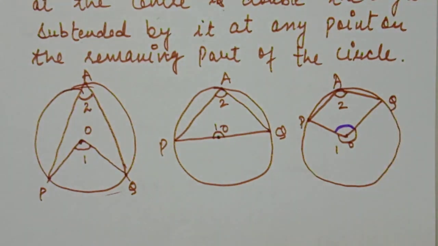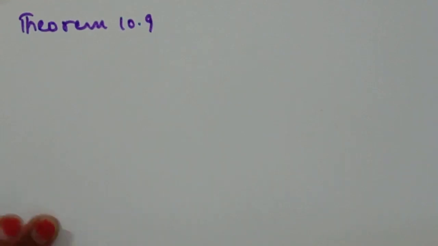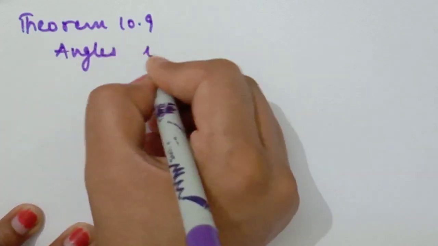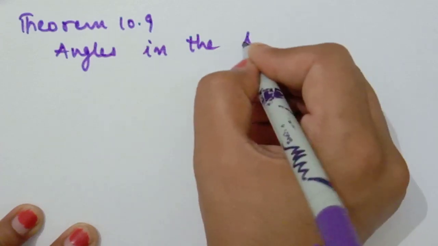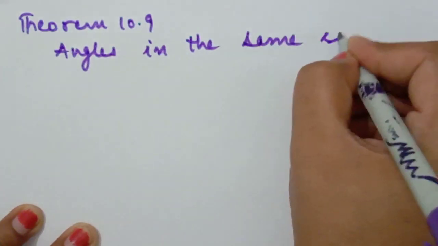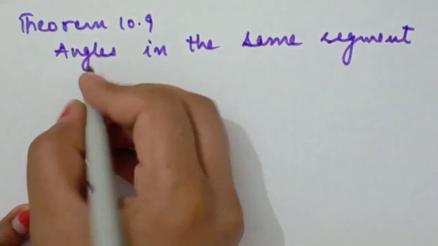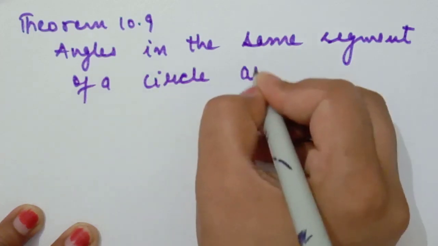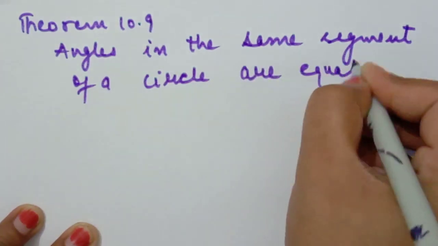Okay. Now theorem 10.9. Theorem 10.9 is also very easy, students, honestly. Theorem 10.9 is a part of theorem 10.8. It is not a different theorem, it is a part of 10.8. The statement of theorem 10.9 is: angles in the same segment of a circle are equal.